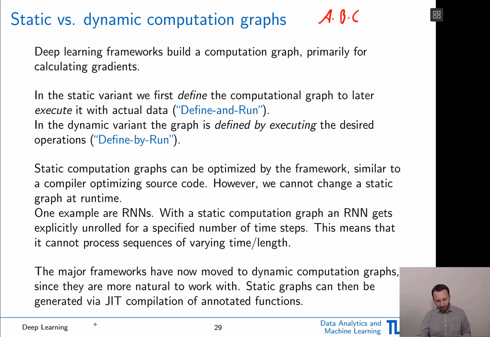Okay. So as a side remark, all the major frameworks nowadays support dynamic and static computation graphs. Dynamic computation graphs are often used for development and debugging of your code, and they are much more natural to work with, right? Because they process in the order in which you code. But often they also have this static view if you want to deploy your model, right?